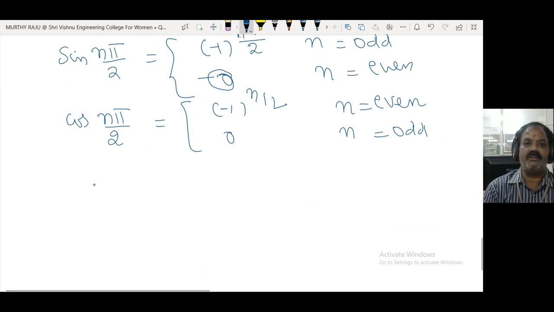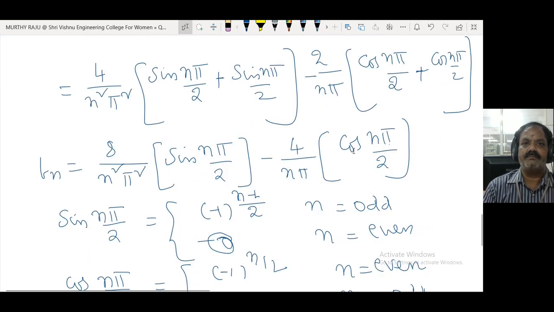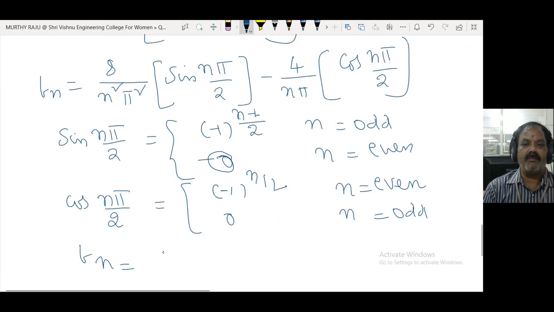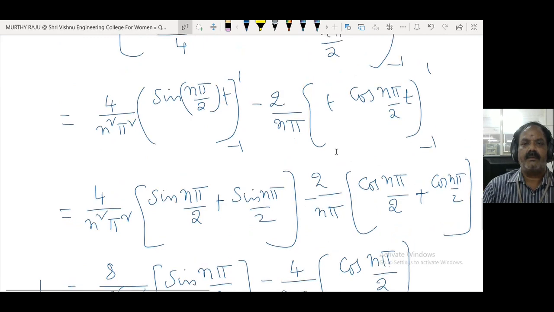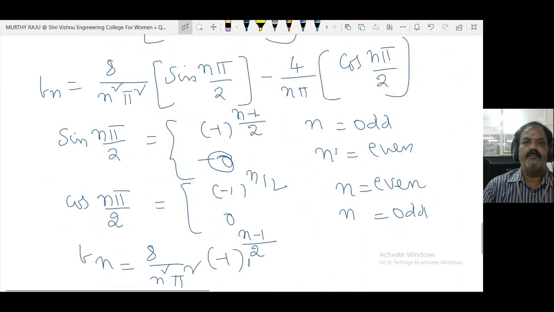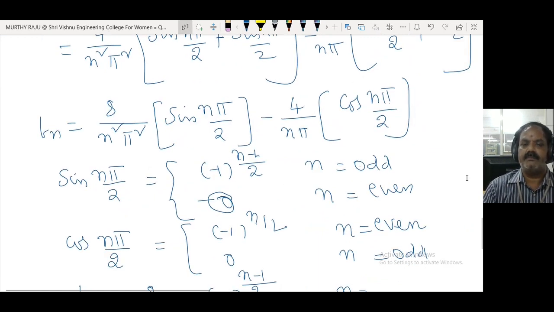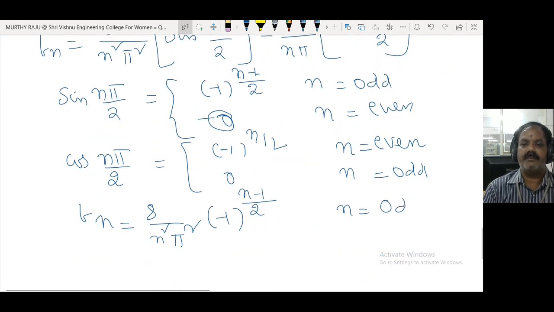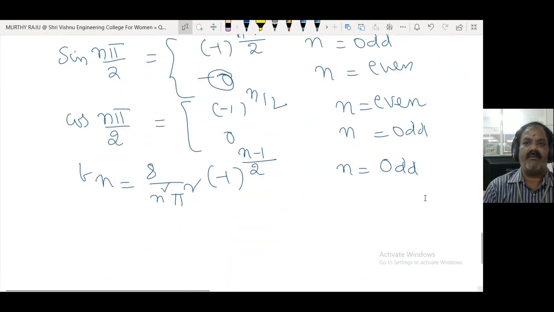Suppose Bn is equal to 8 by n square pi square minus 1 whole power n minus 1 by 2 when n is odd. For n is odd, cos n pi by 2 value is 0.